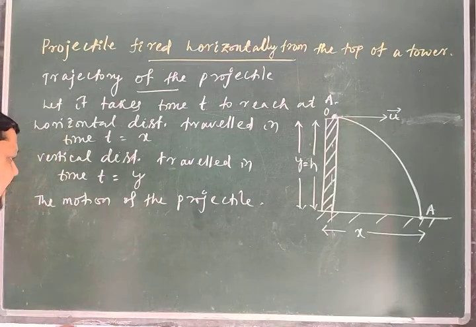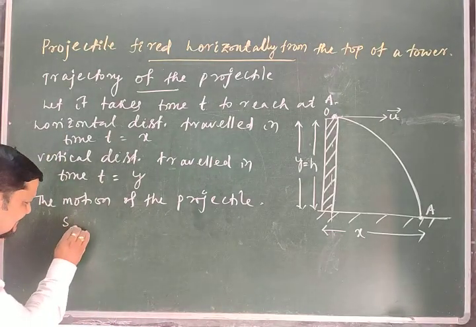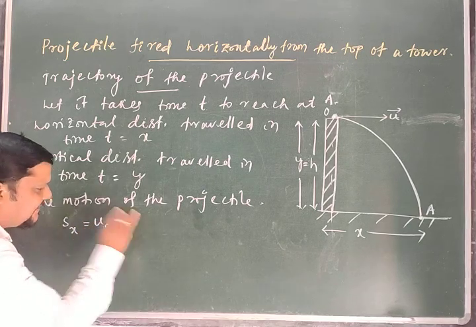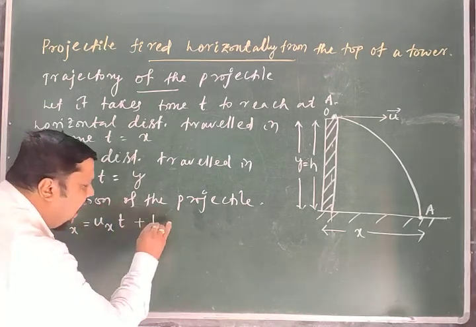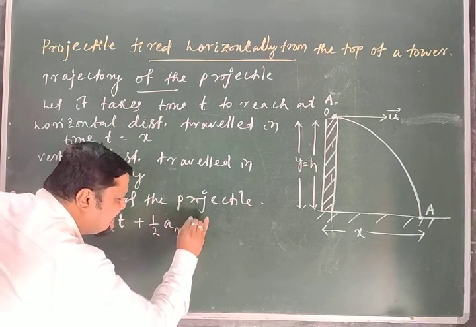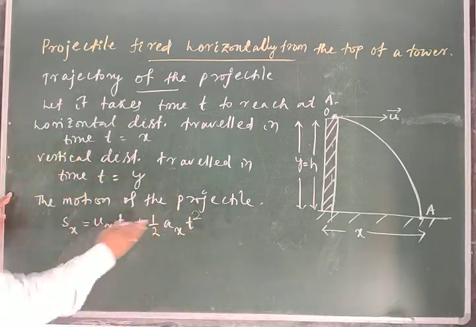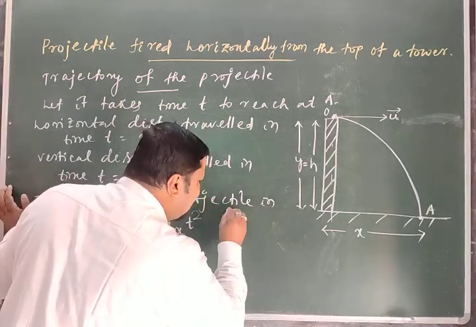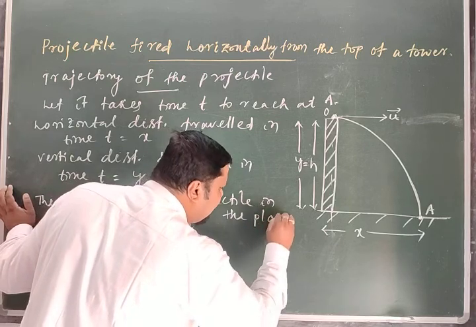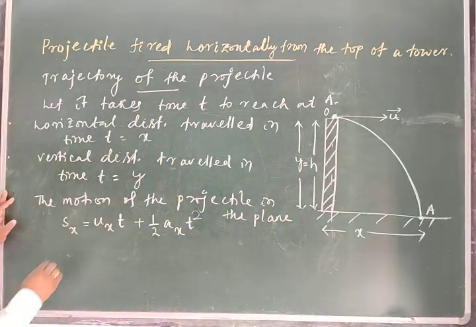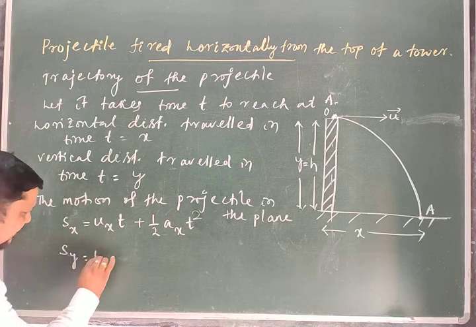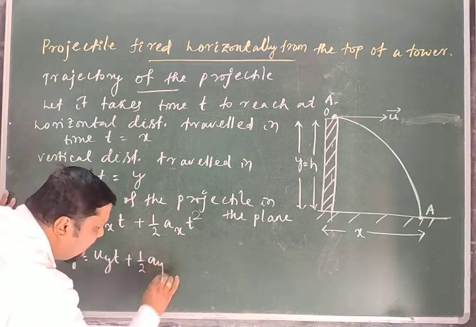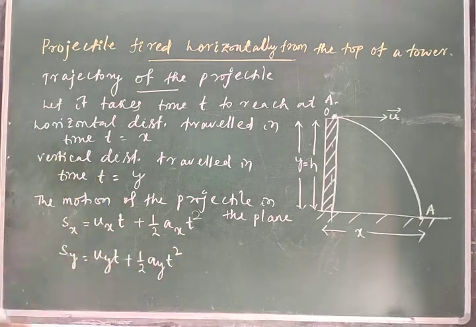So accordingly I will write, Sx is equal to Ux t plus half ax t square. In the plane, because there are x and y coordinates, Sy is equal to Uy t plus half ay t square. I can write like this.